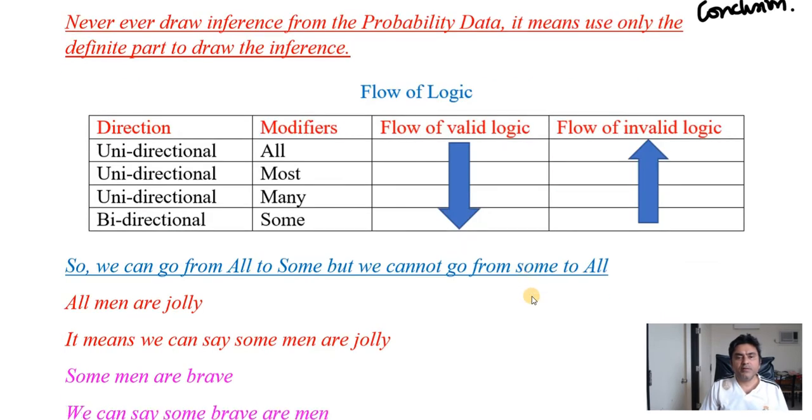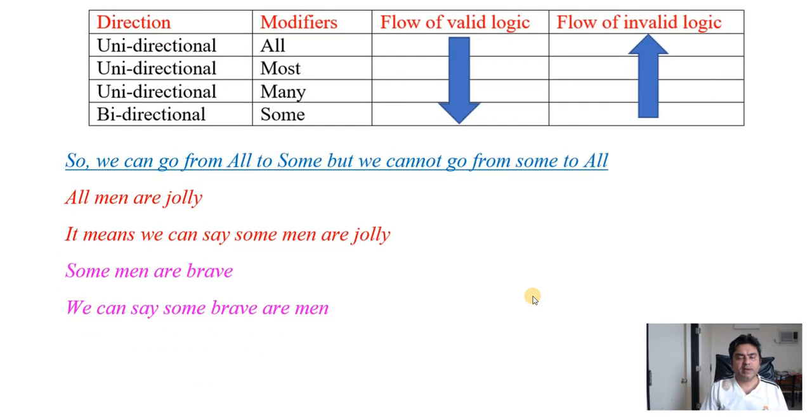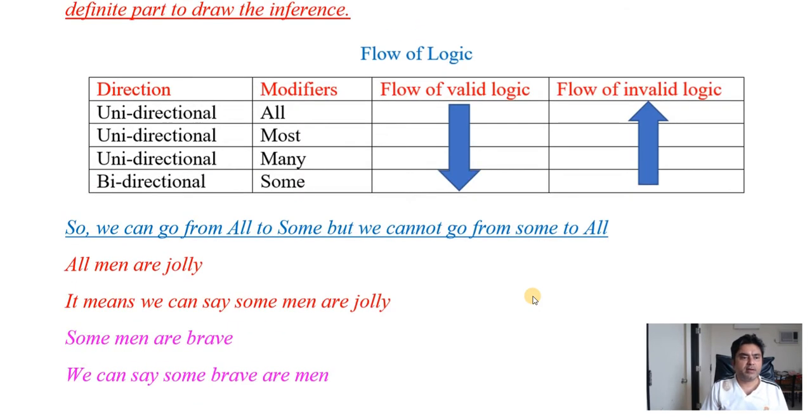So from all you can go to most, from most you can go to many, and from many you can go to some. Bidirectional means it is moving in both directions. So some is bidirectional. So you cannot go from some to all, but definitely you can go from all to some. Remember this thing.